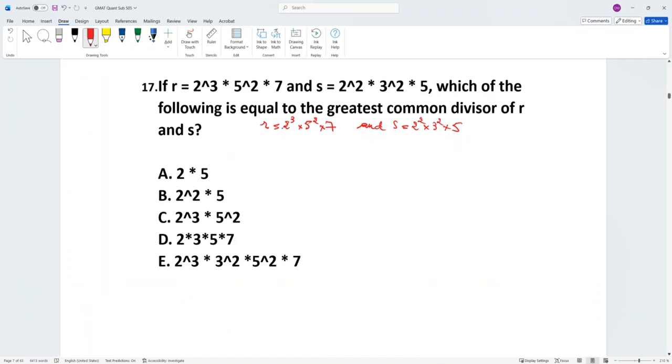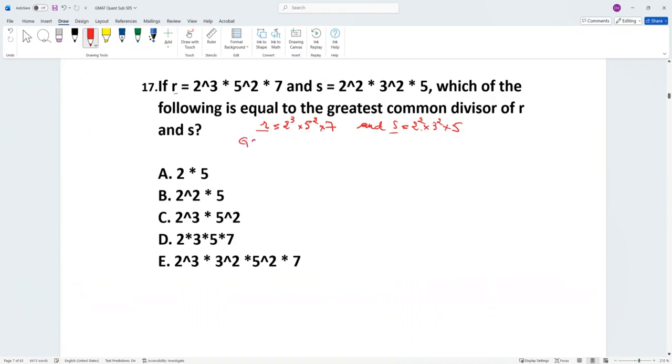Which of the following is equal to the greatest common divisor of R and S? Okay, greatest common divisor. So it must be a divisor of R and S and the greatest among the answer choices that we have here.